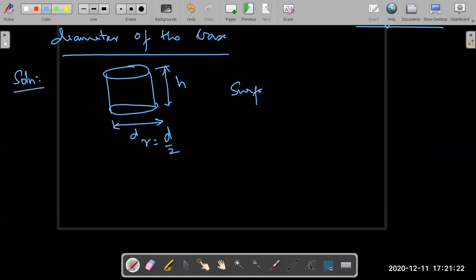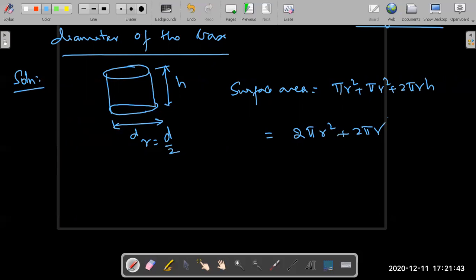Surface area equals base area and top area, that means pi r square for the bottom, another pi r square for the top, plus 2 pi r h for the curved surface. So you'll have 2 pi r square plus 2 pi r h. Taking 2 pi r common, we have 2 pi r times r plus h. This is the surface area. Let me call it S.